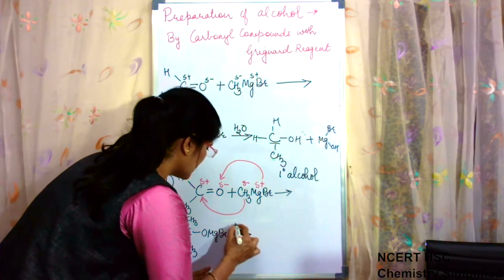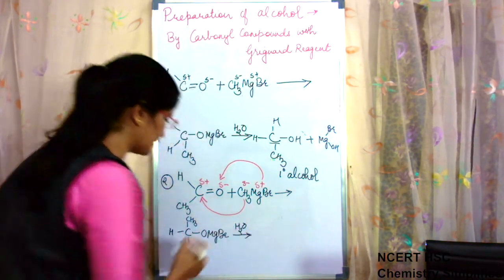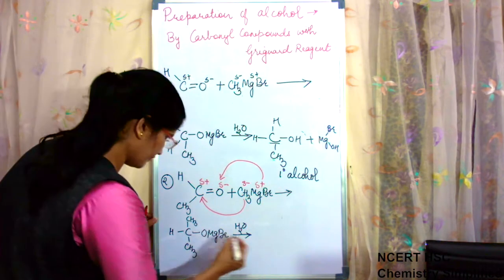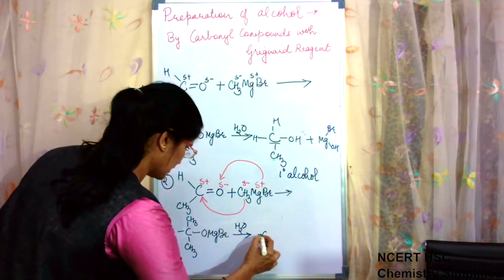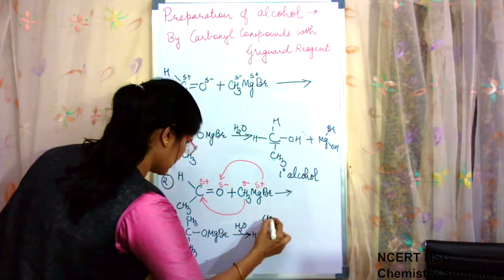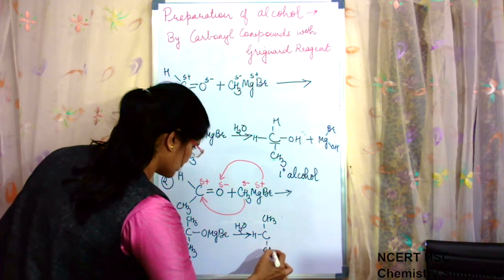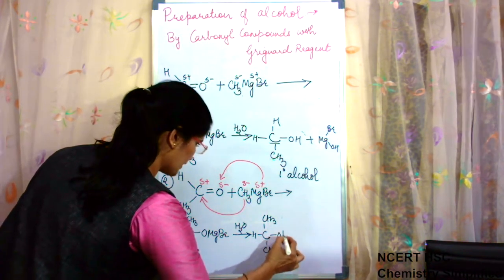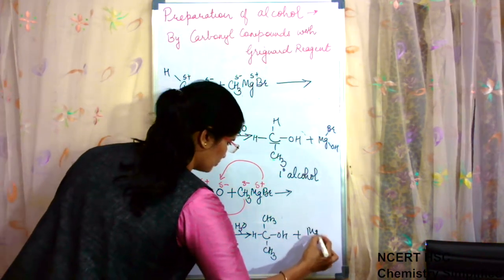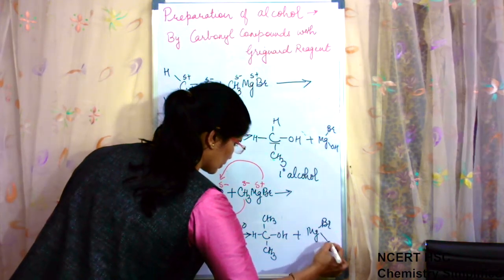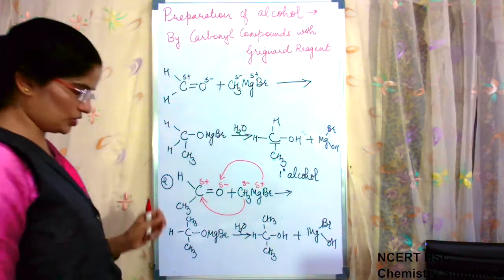Then this intermediate on hydrolysis will give CH3, CH, CH3, OH plus MgBrOH as byproduct.